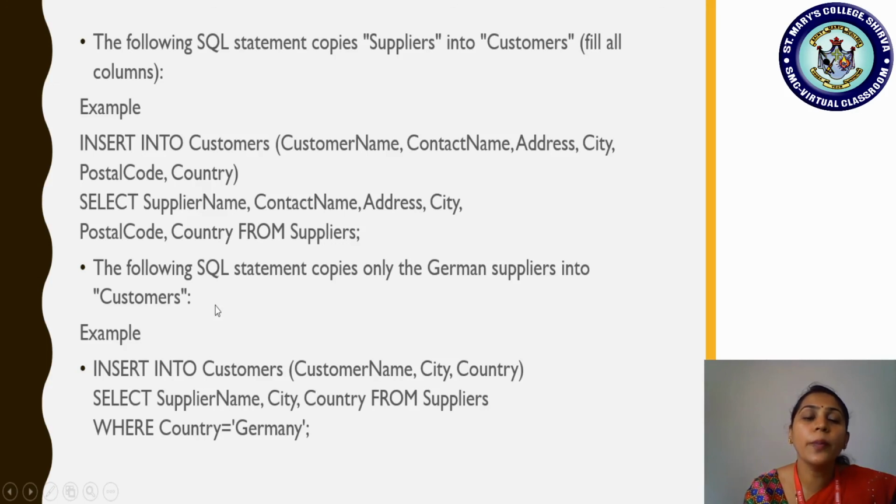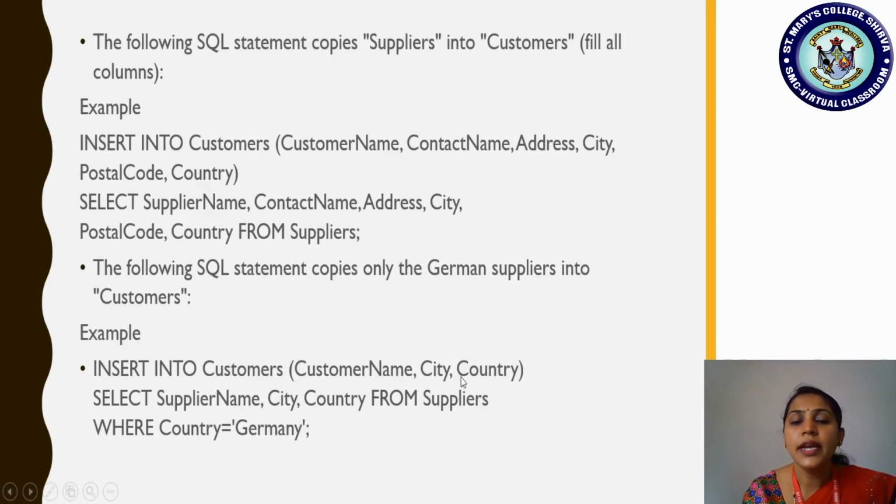Suppose you want to copy only a particular row or a few tuples from the source table to the target table, then how does the syntax go? Check out the example here. Insert into, what is the target table name? Customers. To which columns do you want to copy?